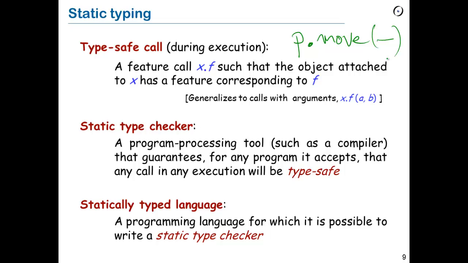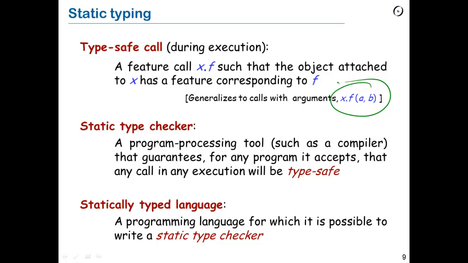It's either true or not true at a particular point during execution. It could be true at one point in one execution, and it could be false in a later execution. In this example, I'm omitting the arguments, but it's easy to generalize this definition to calls that can have arguments like x.f of a and b. So this is a dynamic notion.